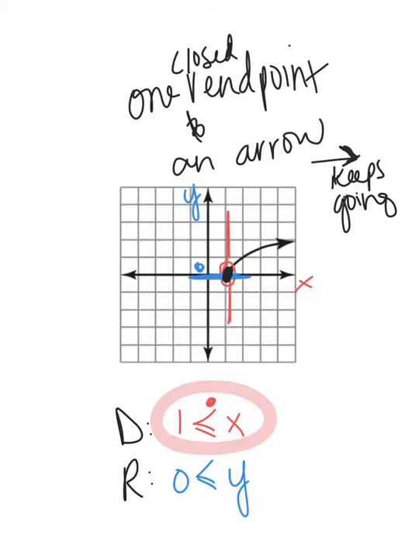And then if we try to put a ceiling on here, normally we would see that this is a ceiling, but this arrow means that it's going to keep going. It's going to keep going up, up, up. So we cannot put a ceiling on it. The function will continue to go up the y-axis. So again, the range for this function is just y is greater than or equal to 0.